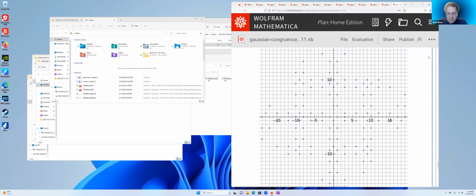I think of these repeating units as octagons, and then there are little crosses between the octagons or something like that. But this is the congruence pattern for the 9th root of unity.